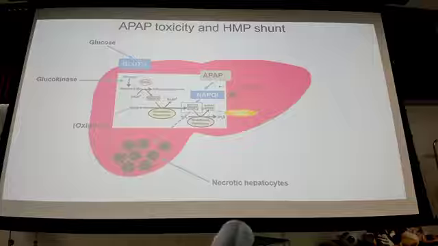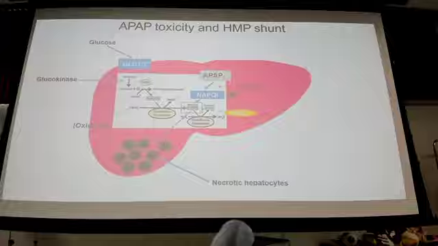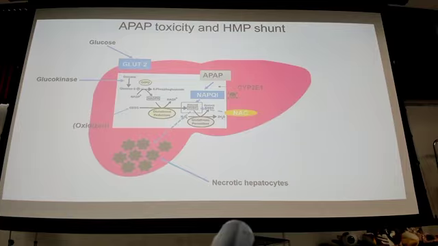But when we run out of glutathione, that's when NAPQI will bind to liver proteins and cause the necrotic hepatocytosis. So we would give NAC, which is acting in a similar manner as glutathione, to interact with NAPQI to make it non-toxic.